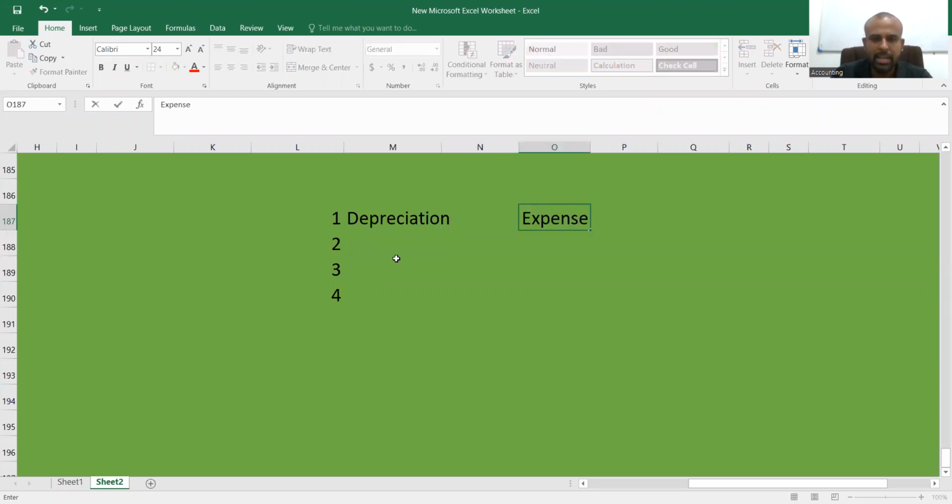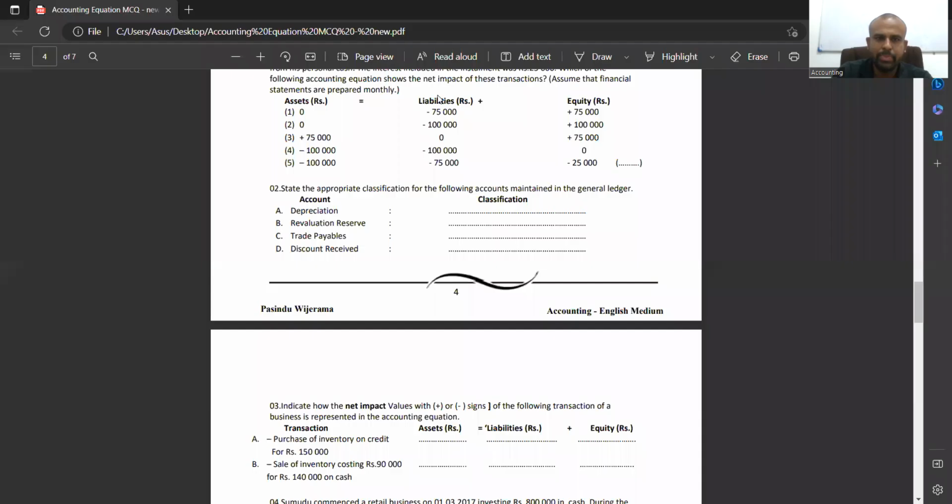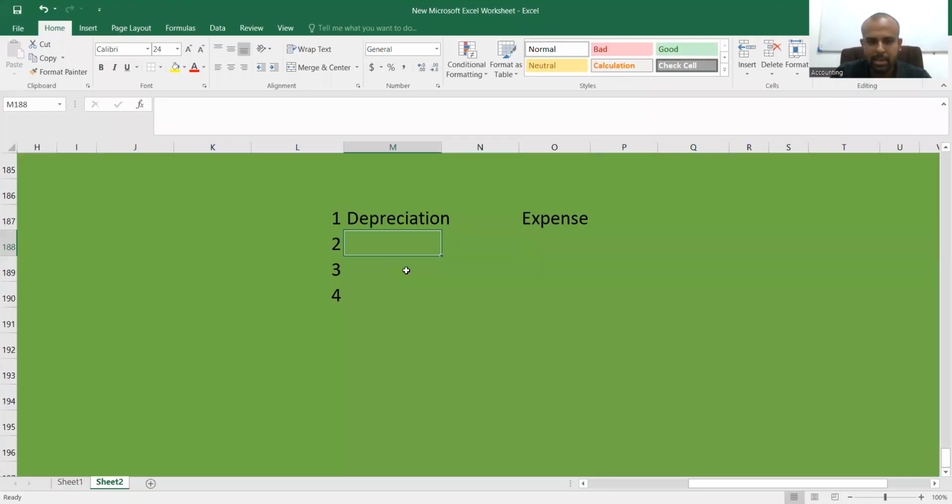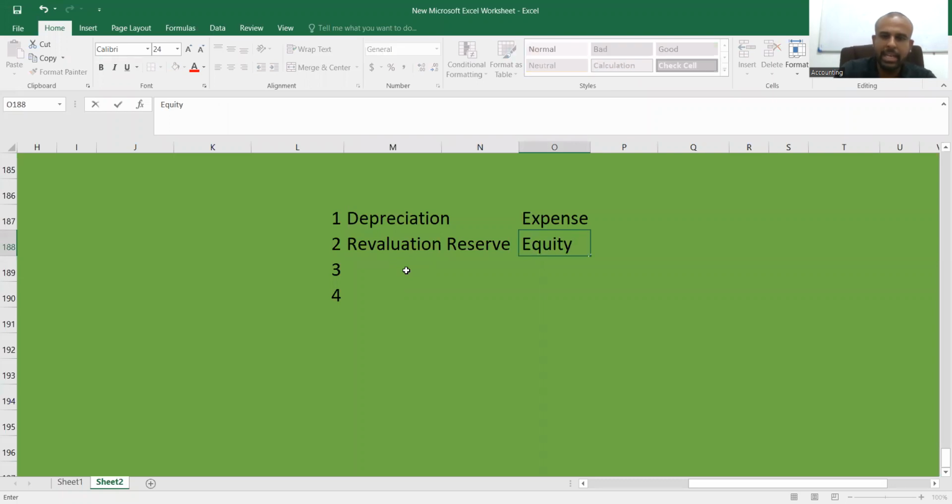You need to consider it as an expense. Revaluation reserves. We discuss that in company accounts. Puta, remember, every reserve is an equity account.